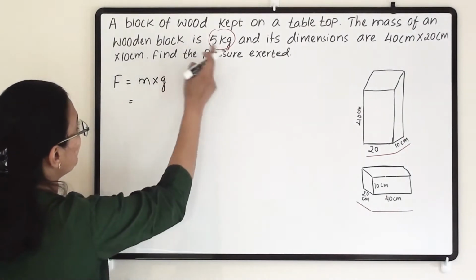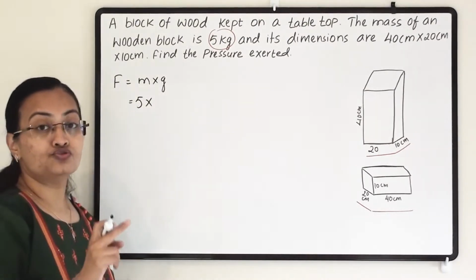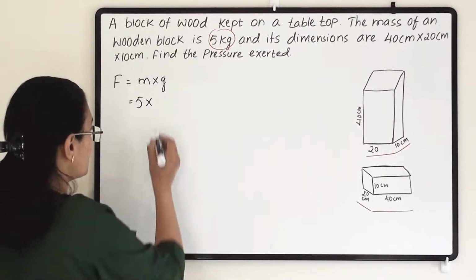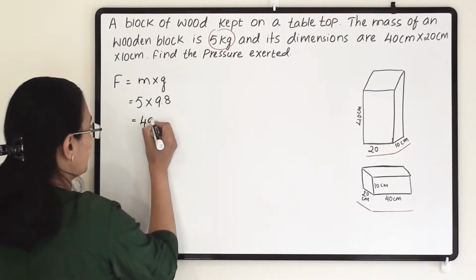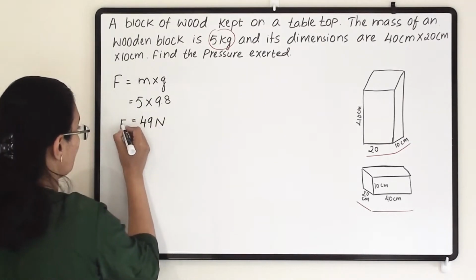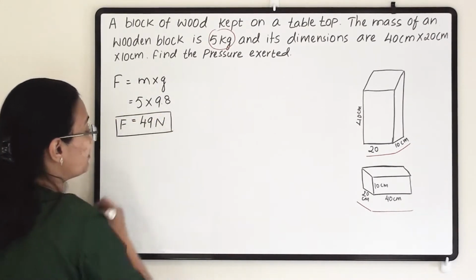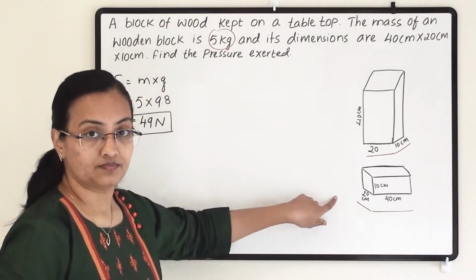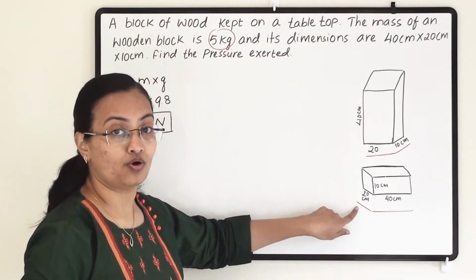The mass given is 5 kg and acceleration due to gravity is 9.8. So here we get the answer 49 Newton. This much force it exerts on the tabletop in any direction and in any situation.